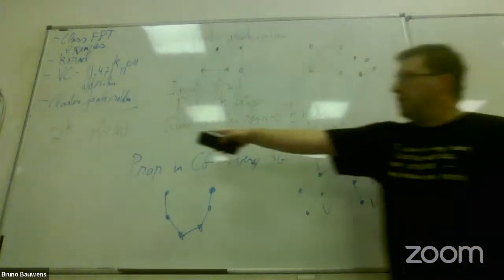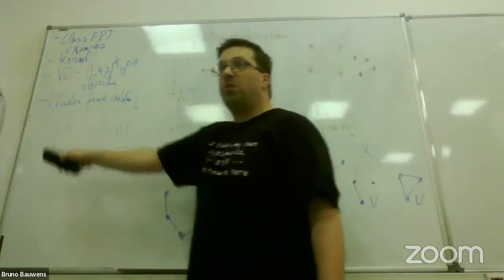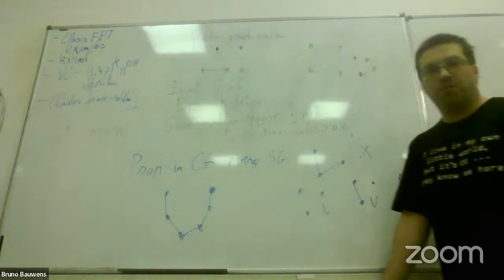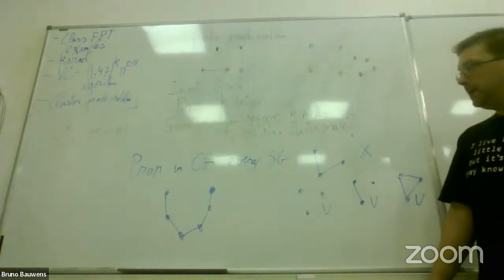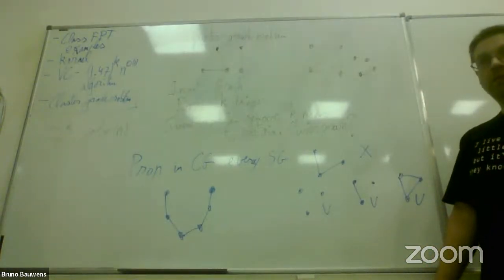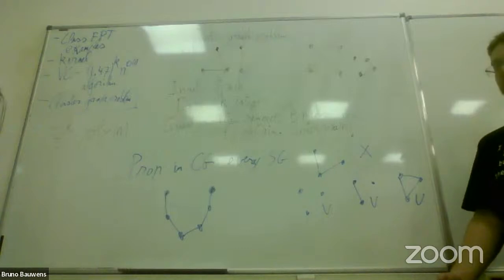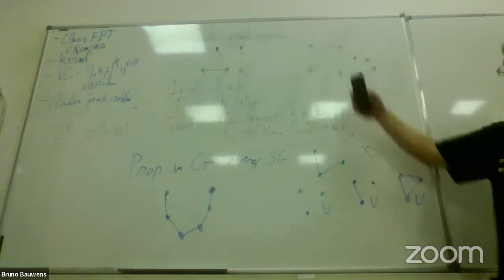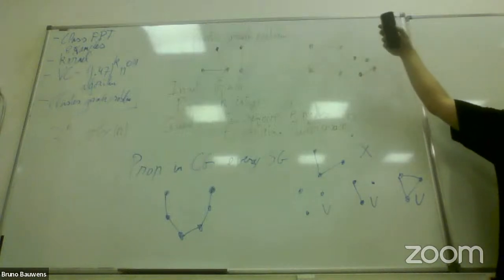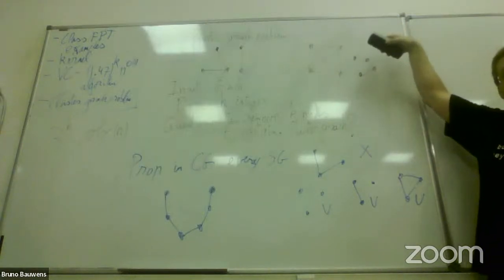And so what is the algorithm that runs in 3 to the power k time, up to polynomial? We will have a branching algorithm, and there will be 3 children in each node.